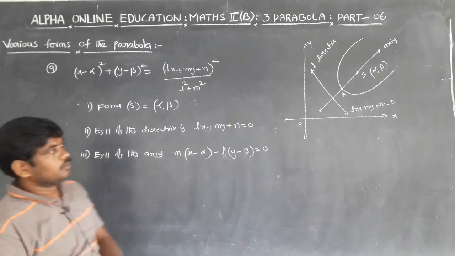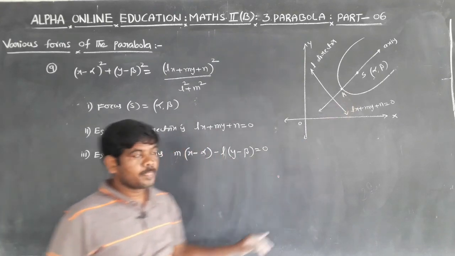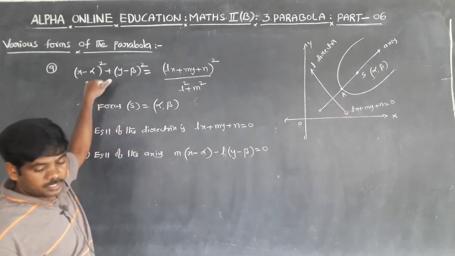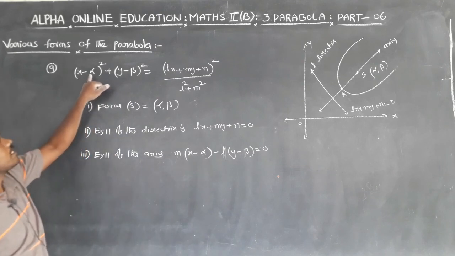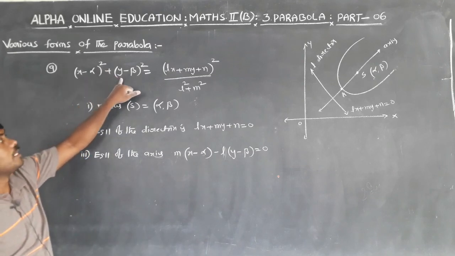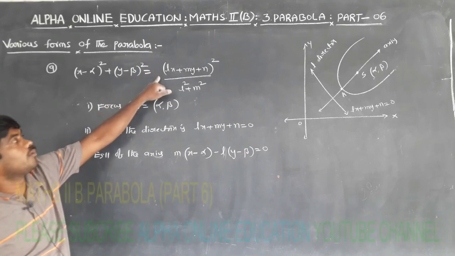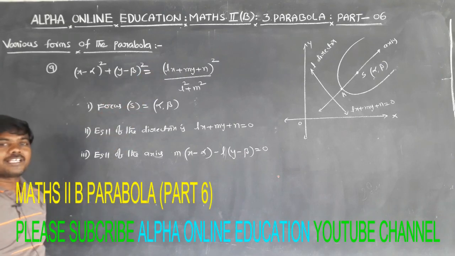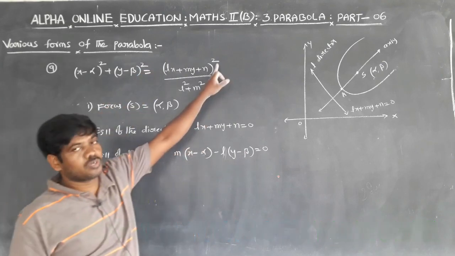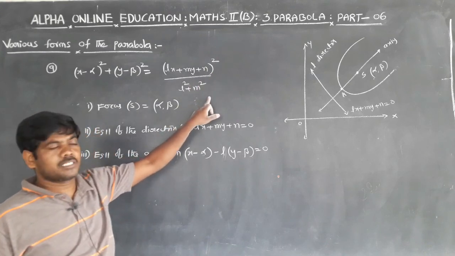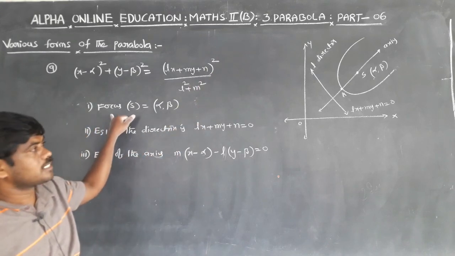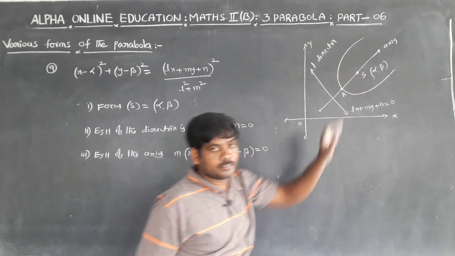Next one, vertex A. Equation of the parabola: x minus alpha whole square plus y minus beta whole square is equal to lx plus my plus n whole square by l square plus m square. Focus alpha comma beta.